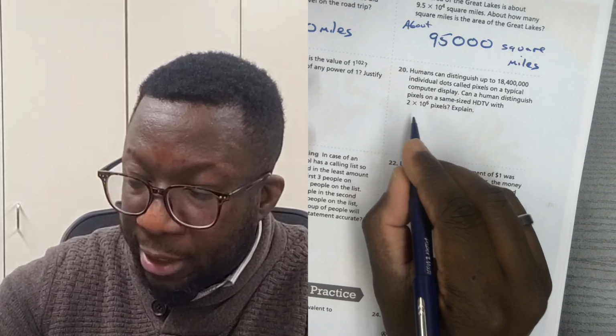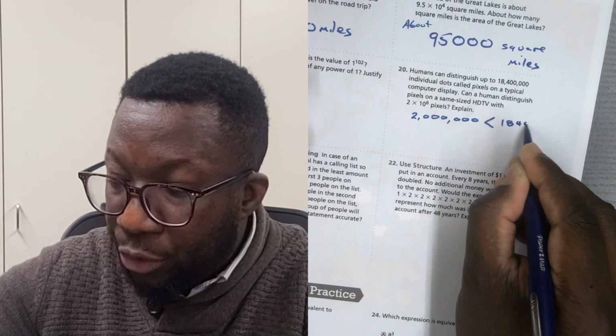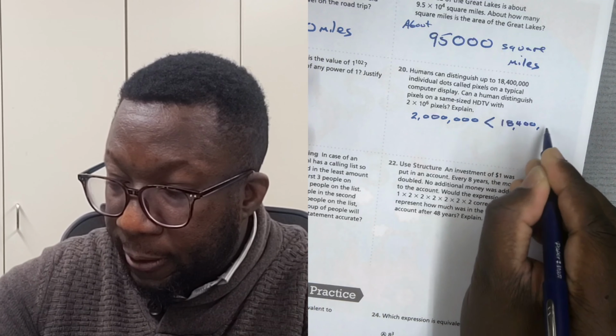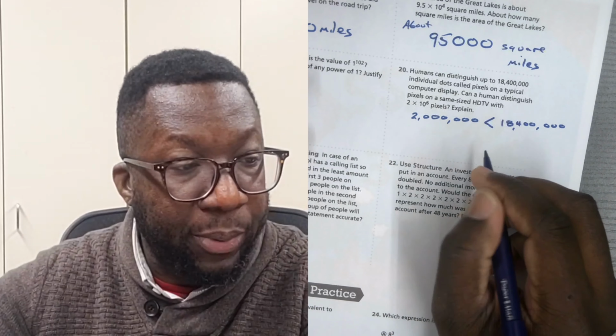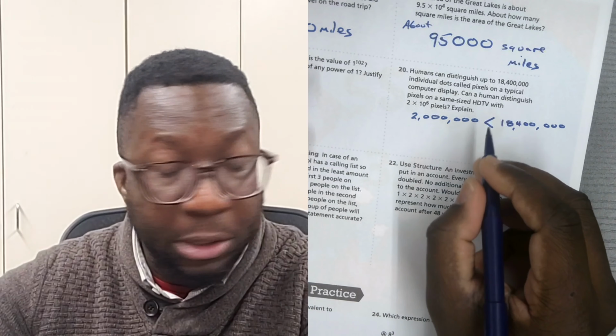So 2 times 10 to the 6th power would be 2 with 6 zeros, or 2 million. 2 million is less than the 18,400,000 pixels that we can get. So the answer is yes. Humans will be able to detect that many pixels on an HD TV.